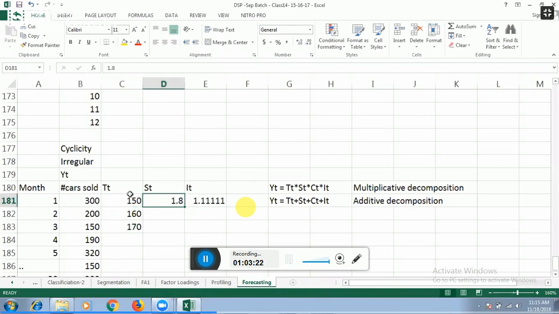And whatever is leftover, if I want to come up with this kind of decomposition, this into this should be this one. That means whatever is leftover, this divided by these two will be this part. And if I'm able to split your YT into these components, this is what we call a multiplicative decomposition in this case.